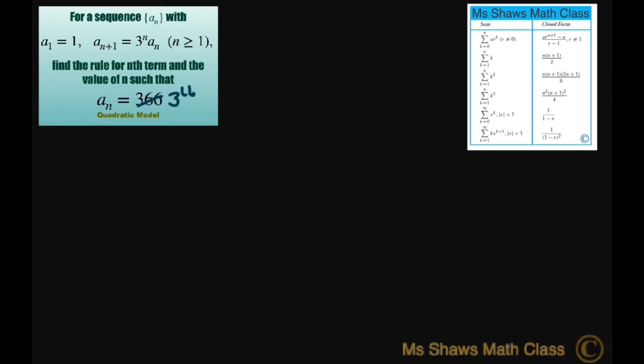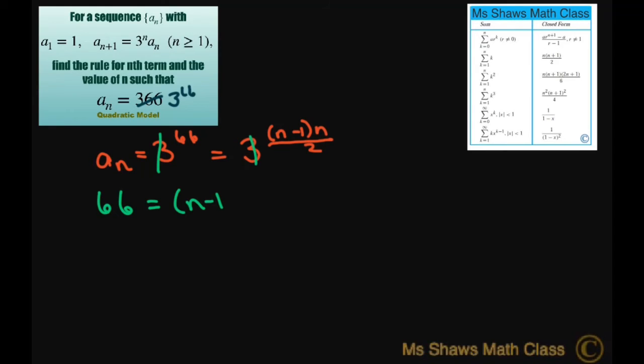Alright, so basically, we have a sub n equals 3 to the power of 66. We also have a sub n equals 3 to the power of n minus 1 times n divided by 2. Since my bases match, I just set 66 equals n minus 1 times n divided by 2, or I can write this as n minus 1 times n equals 132.